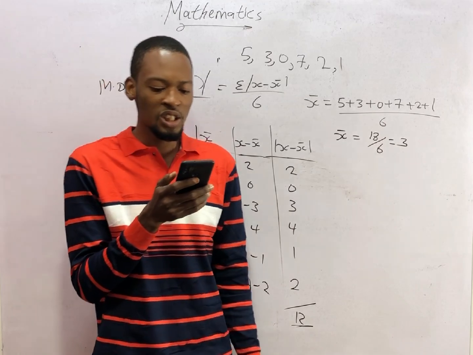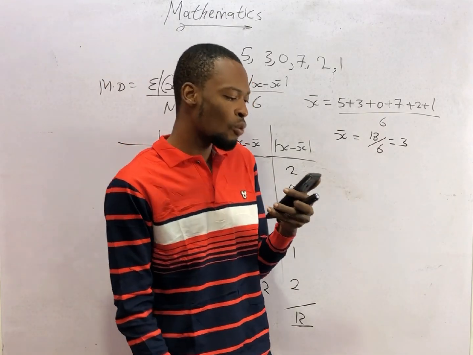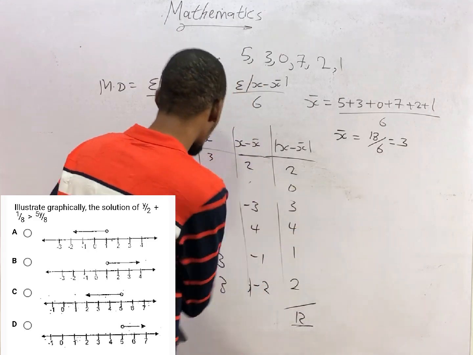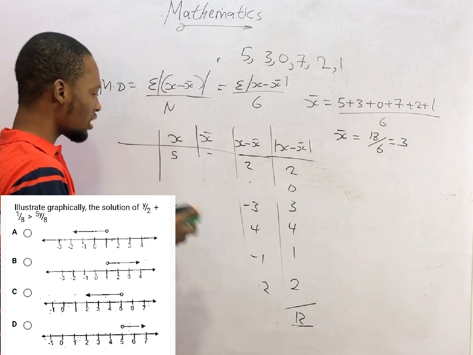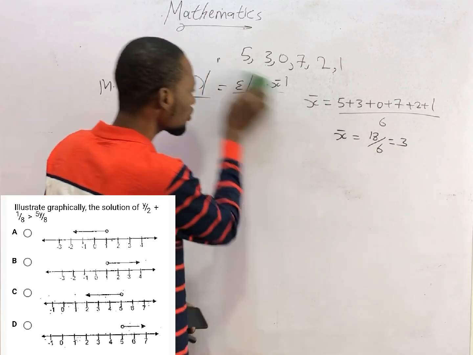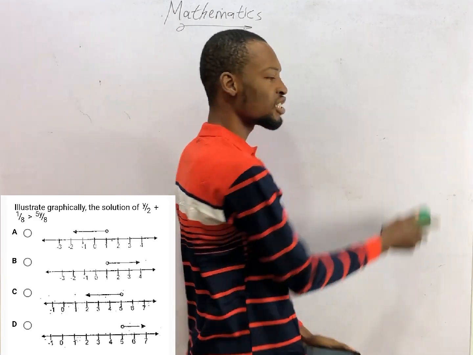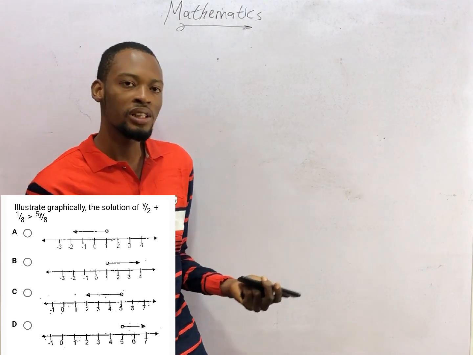Illustrate graphically the solution of y over 2 plus 1 over 8 is greater than 5y over 8. Is it actually greater than? Yes, this is an inequality. In mathematics, we have expressions, equations, and inequalities.